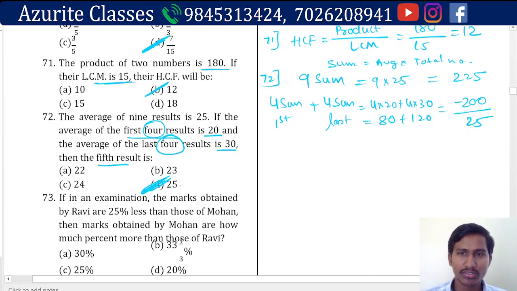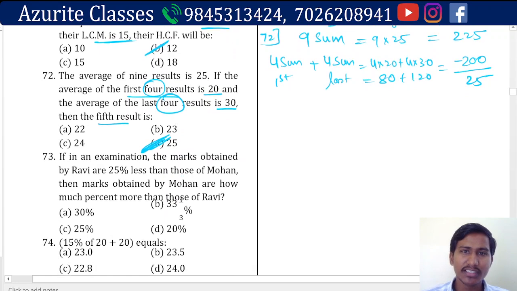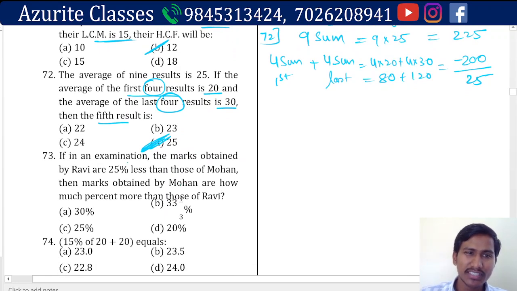Okay, good. Next here 73 question. In an examination, marks obtained by Ravi are 25% less than those of Mohan. And then they are asking, marks obtained by Mohan are how much percent more than Ravi.